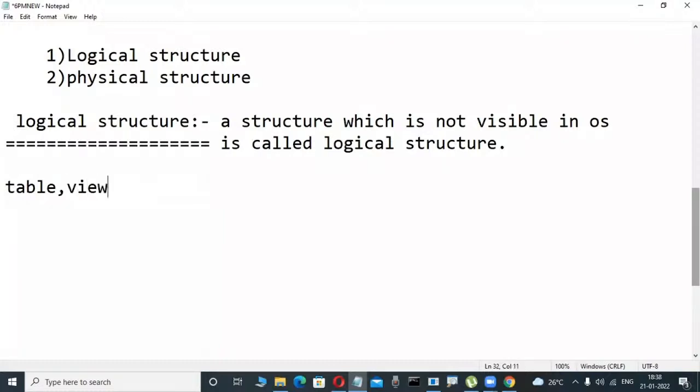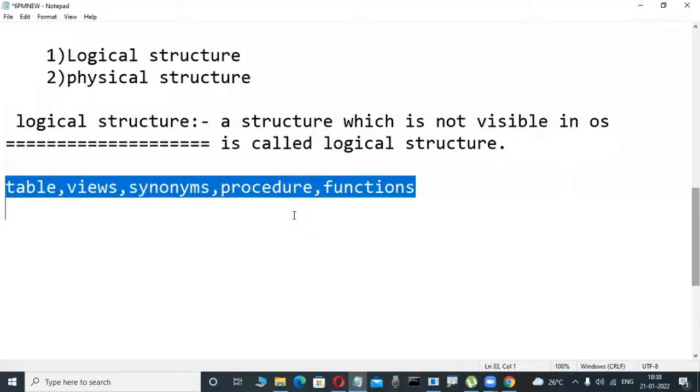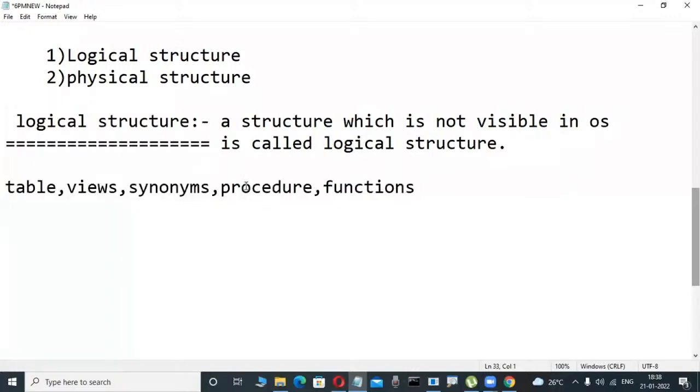Views, synonyms, indexes are there. These are all database objects. Procedures, functions, triggers, packages are there. So many things are there. These are all logical structure, which is not visible in the operating system, whatever courses we are learning.